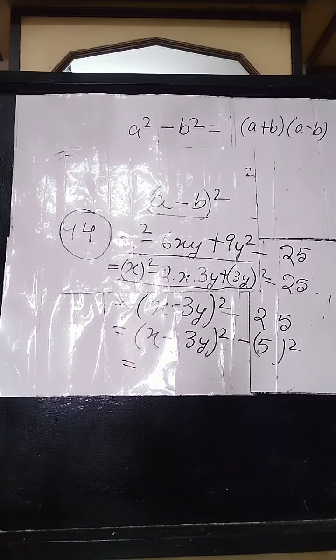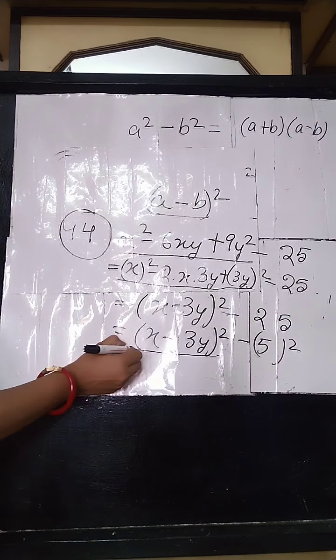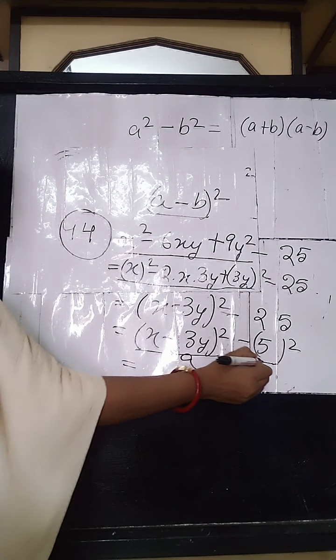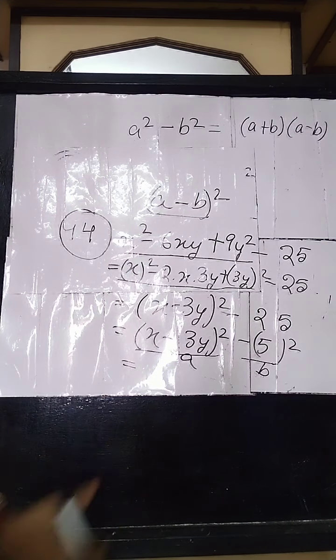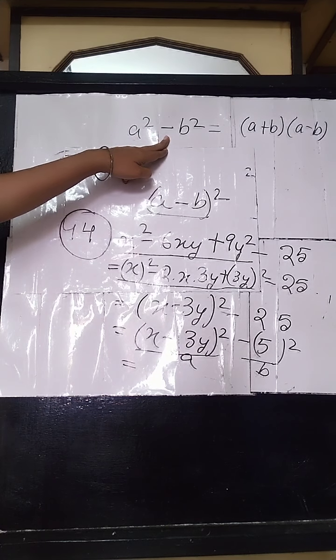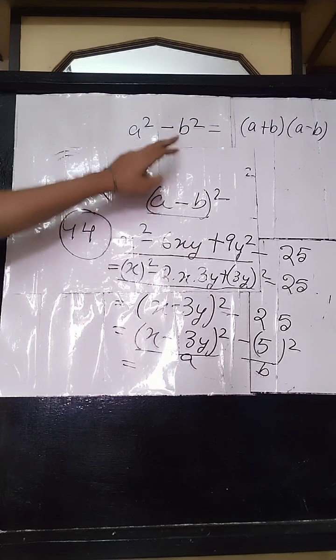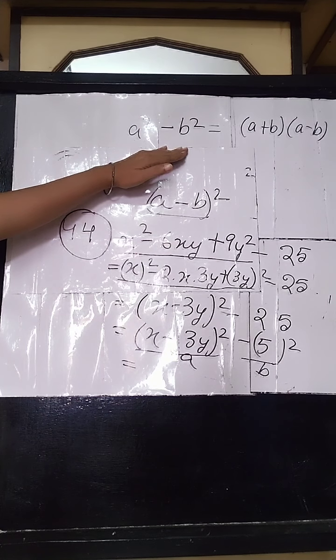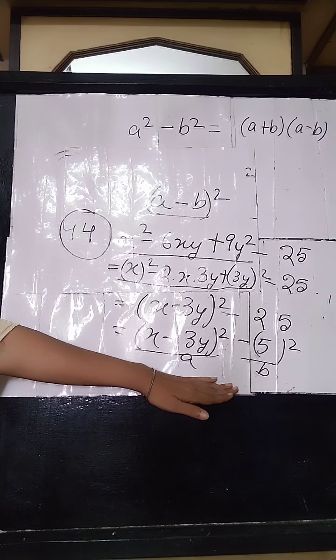Now you can see this will be considered as a, and this we consider as b, then the sum we can easily relate with a square minus b square, that is the previous formula. We can easily implement the formula a square minus b square here.